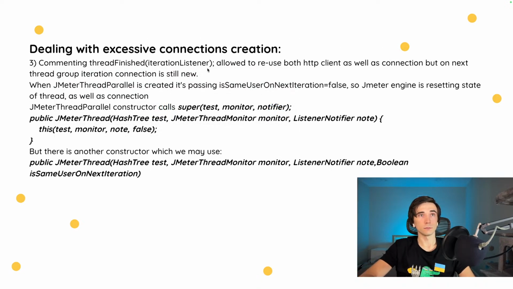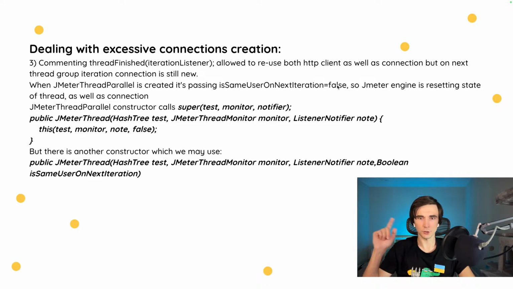Okay, so we commented something. We reused the HTTP client and the connection on the first thread group iteration, but on the new thread group iteration, it is still new. So when we dive a little bit deeper, it turned out that JMeter thread parallel, which inherits JMeter thread, is passing is same user on next iteration equal false.